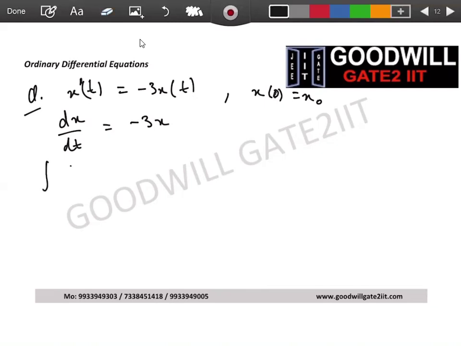So this will be dx by x is equal to integration of minus 3 dt. I hope these steps are clear with everyone. If you have any confusion, you can ask anytime. But I hope these steps are clear with everybody.